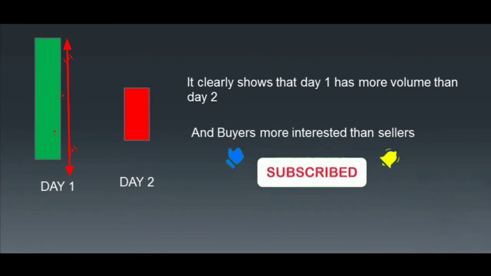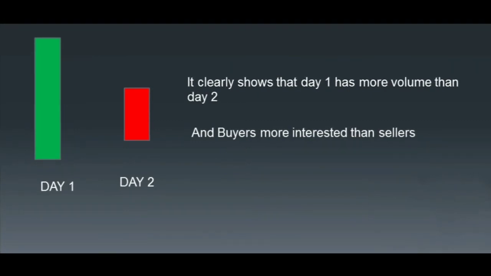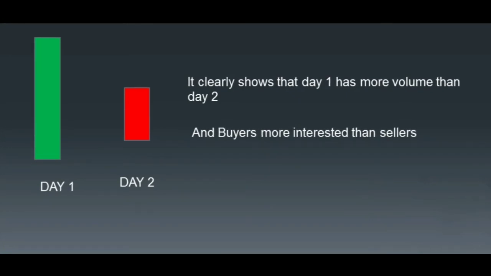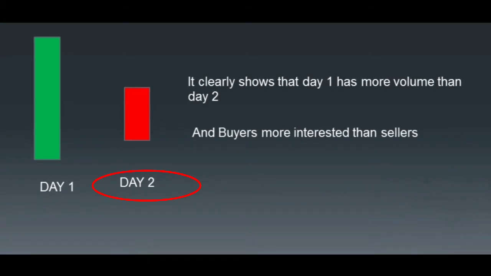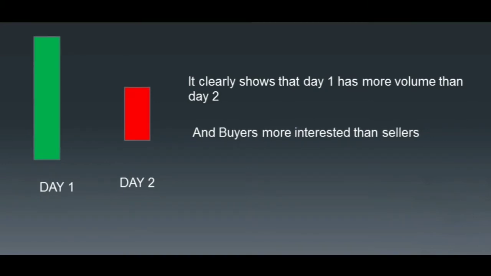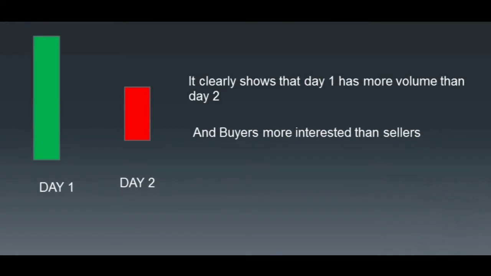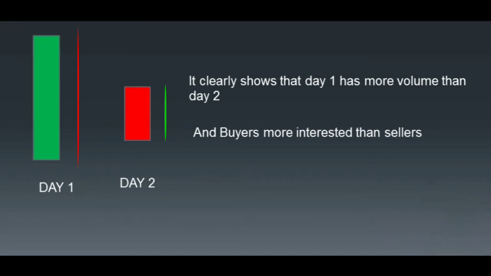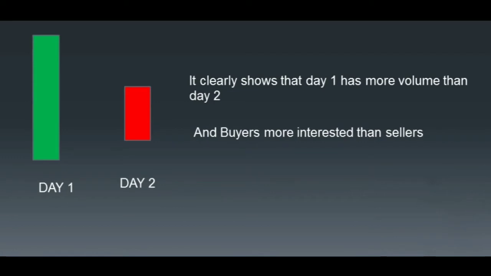From day one, we have a long bullish candle, which shows that buyers were more interested in the market than the sellers, since the candle closed completely bullish for that day, compared to day 2, which closed with a bearish candle, which clearly indicates that day 1 had more volume than day 2 based on the size of the candlestick volume.